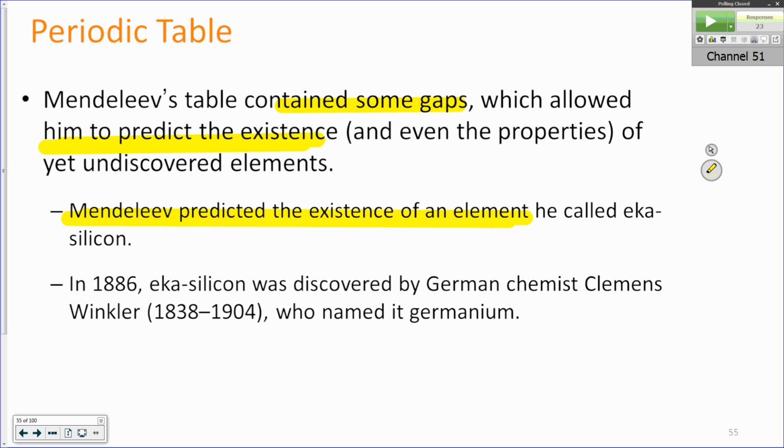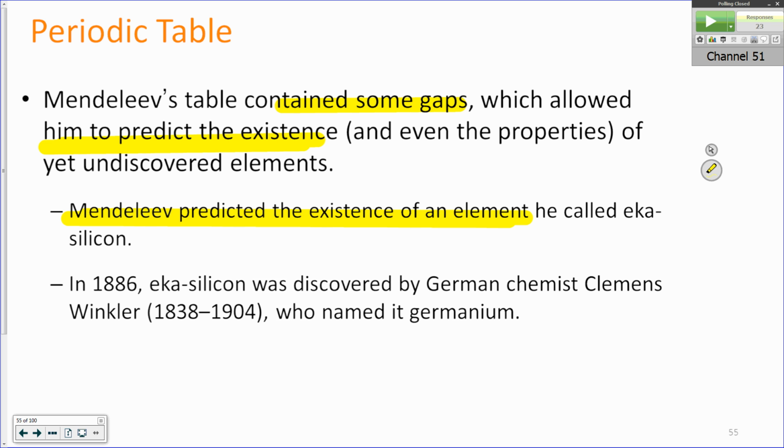So one example of that is what he called ectosilicon. There was an element underneath silicon in his periodic table. That element is germanium, and it hadn't been discovered at that time. So he said something should be there, and he gave it a temporary name, ectosilicon.